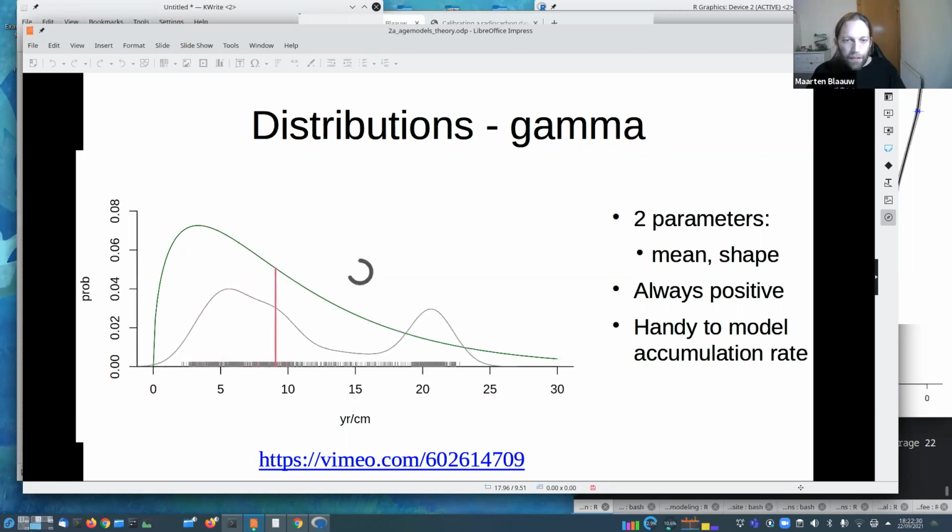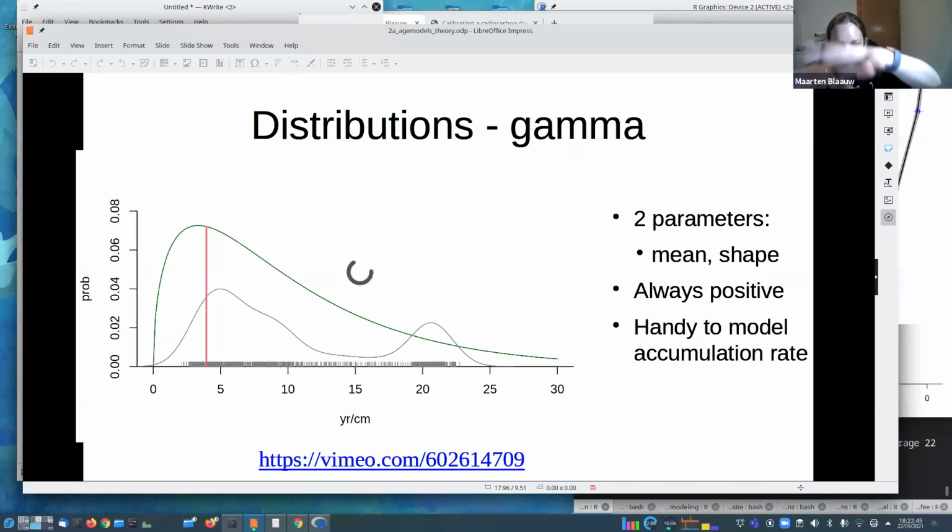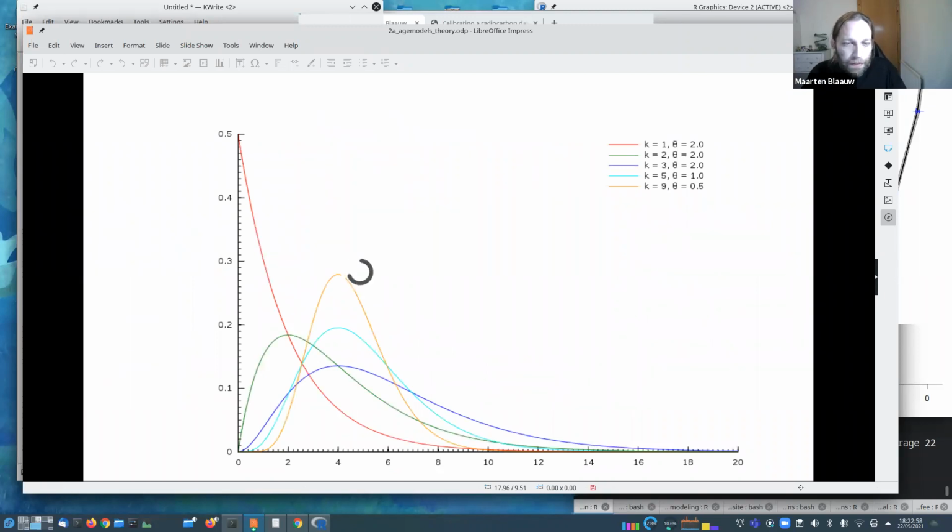This has 2 parameters, just like the normal distribution, a mean and a shape, which is how peaked that distribution is. And again, if we use the same MCMC approach, after a few thousand iterations you get a reasonable approximation of the underlying distribution. There are many different types of gamma distributions that you can set.